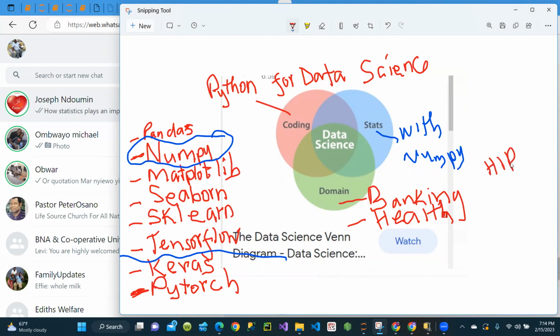You don't know this? You read this. PHI, personal health information. These are the questions they're going to ask you if you are hired as a data scientist in the hospital, and it's a real issue.